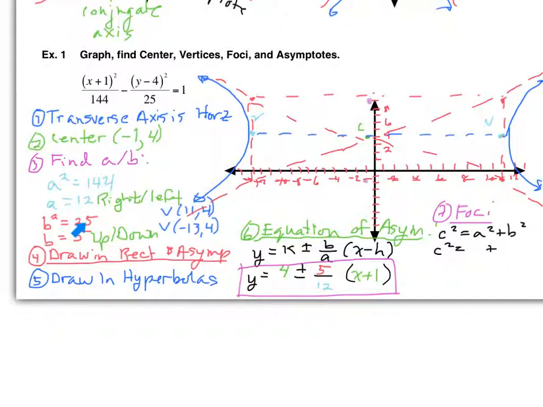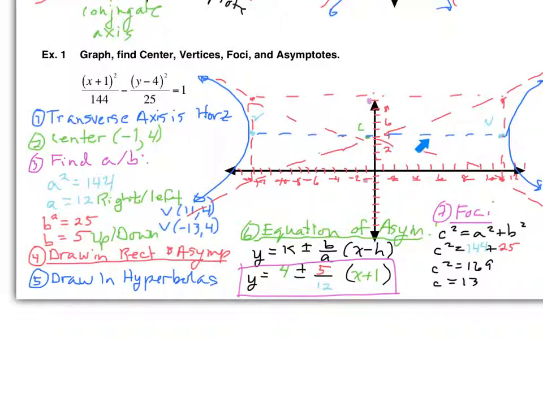So we're going to use those previously. So our a squared was 144. And our b squared was 25. What do those add to give you? Yep, 169. What's the square root of 169? 13. So that means that our foci are 13 units up, down, or right, left from the center.